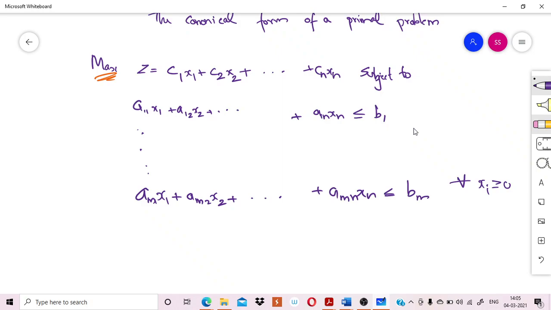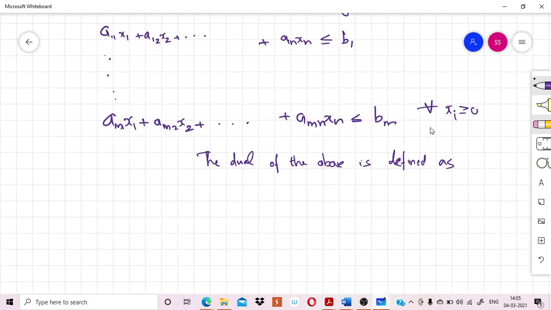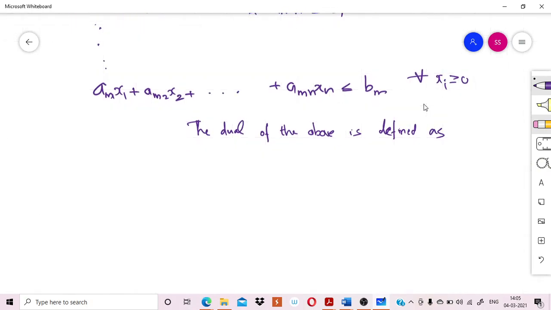This is our canonical form of maximization, and the dual of the above problem is defined as follows. Minimize z star. The maximization problem becomes minimization.